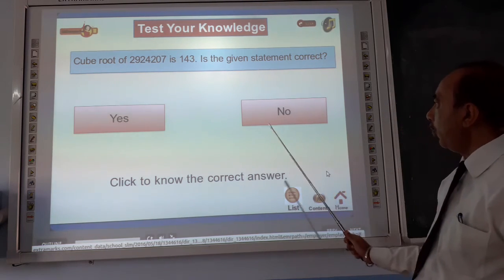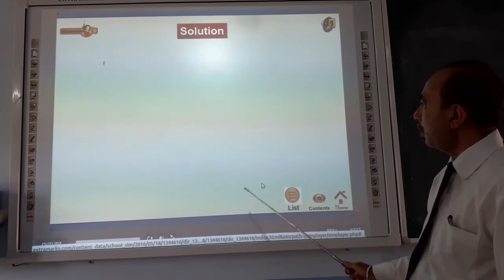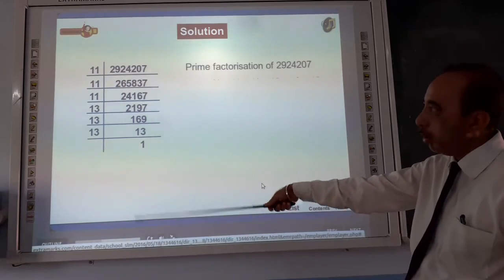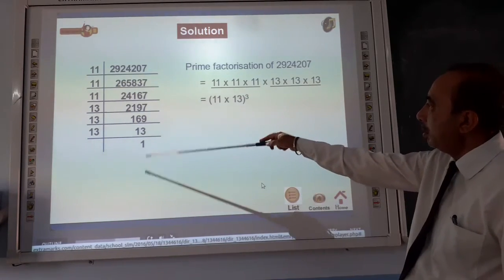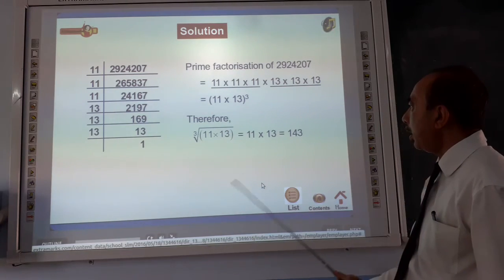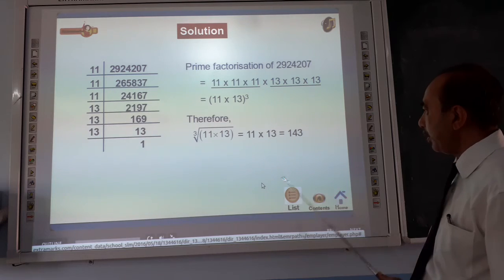So it is false. Let's see. Cube root is calculated by the prime factorization method, and first triplet is for 11, second is for 13, and 11 multiplied by 13 is 143. So it is a true statement.